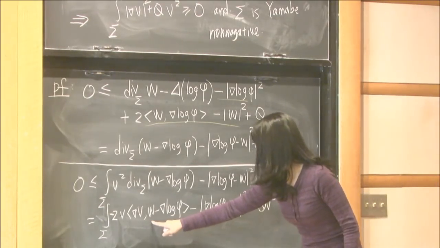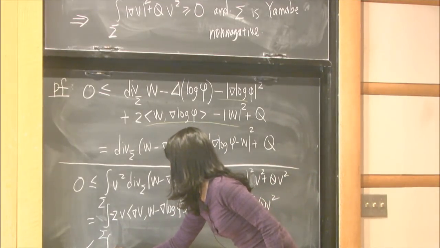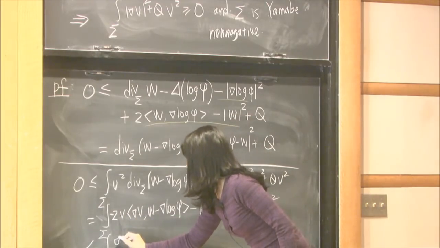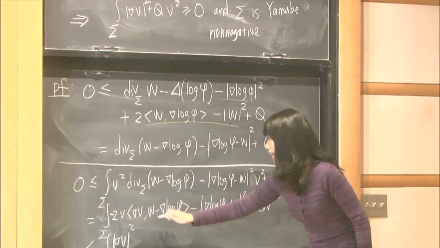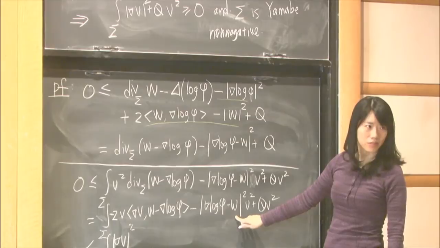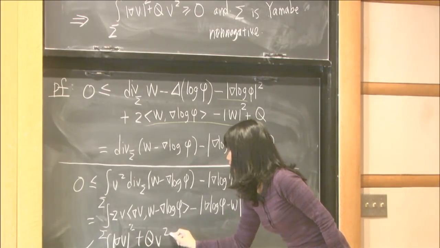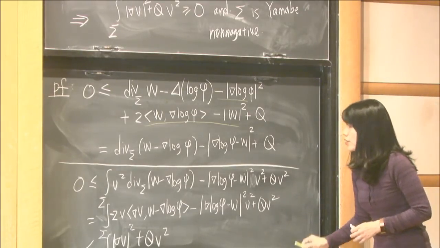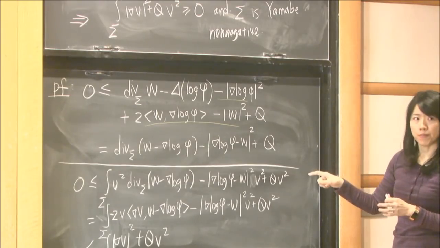just an elementary inequality, you can bound this term by v times gradient v squared, and then there will be v squared times the norm square of this one, which cancels out the term with the correct sign, and then the remaining. Okay. So later we will look at the case when sigma has boundary.